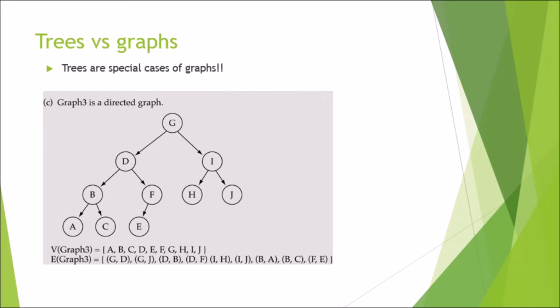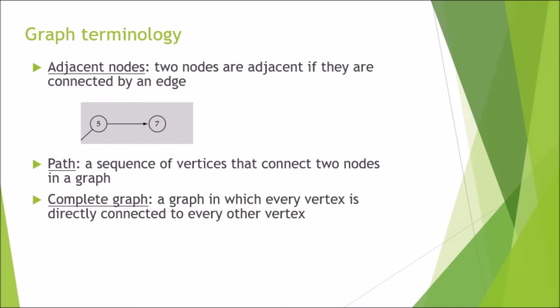The property here is there is no cycle in it. So a tree is a graph that does not have a cycle in it, whereas a graph can have cycles. We can say that a tree can be called a graph, but a graph cannot be called a tree.